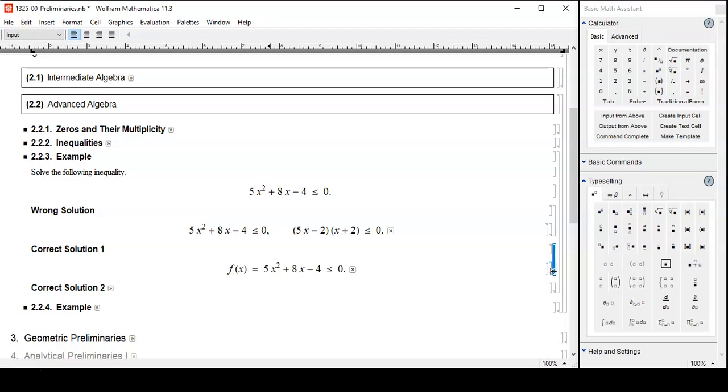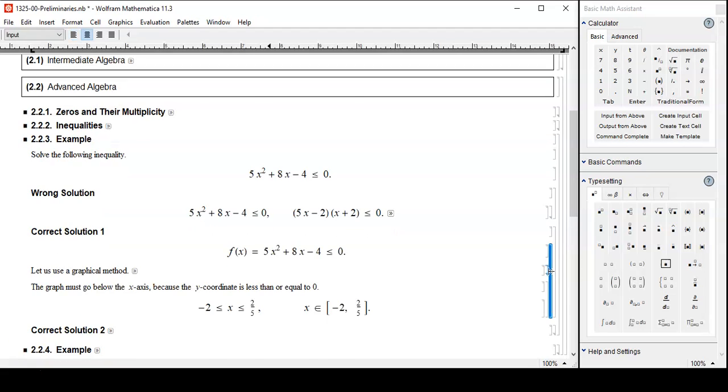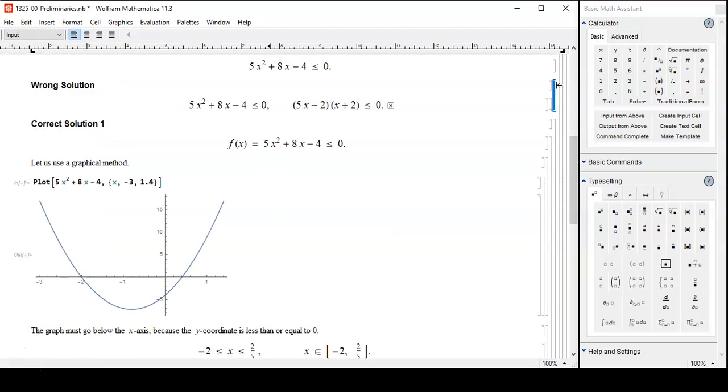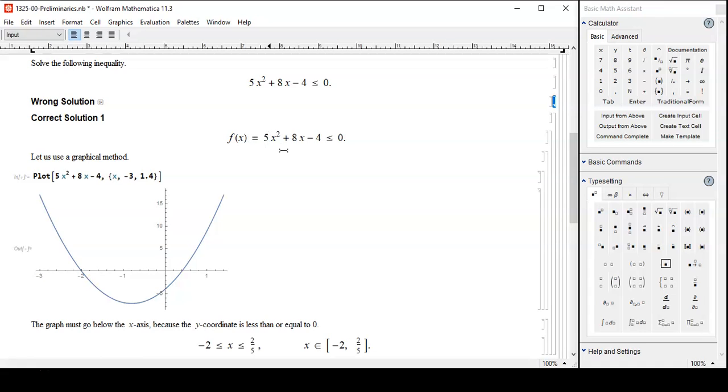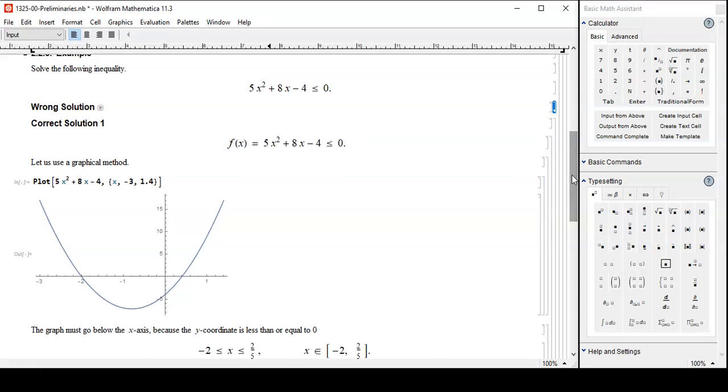How do you make it right? One way to do that is to draw a graph like this. This is a quadratic expression, so it's a quadratic function. So I plot this function, and the y-coordinate is the function value, and that's less than 0. So the y-coordinate is less than 0.